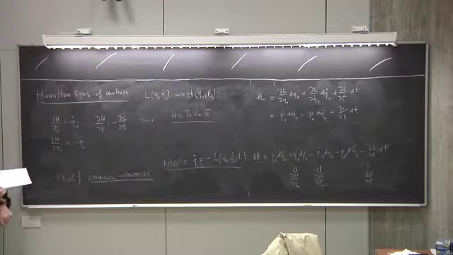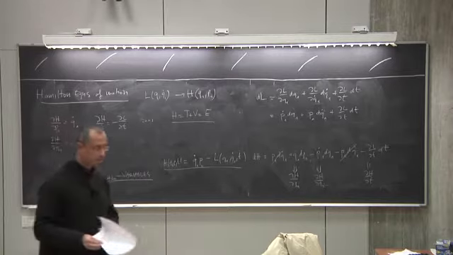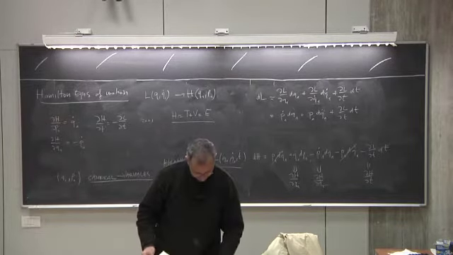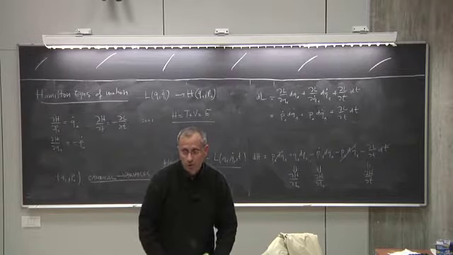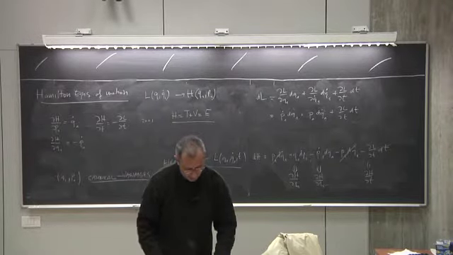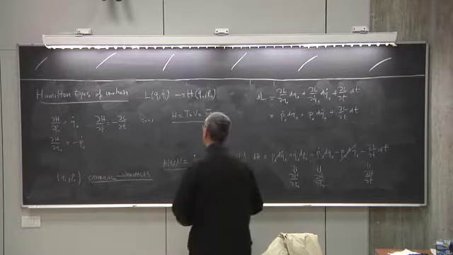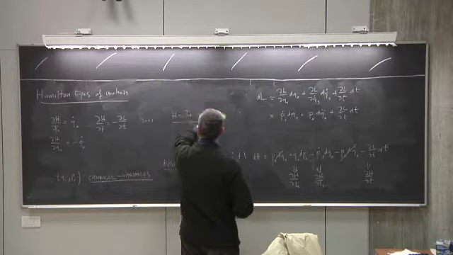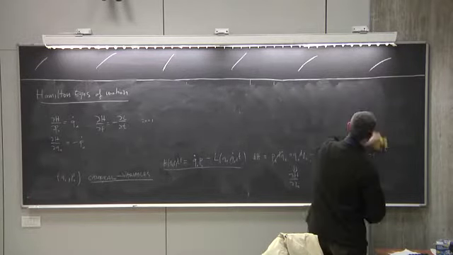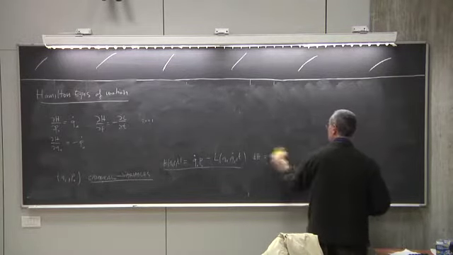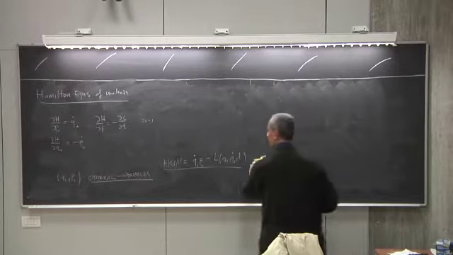Okay, so let's write some examples of Hamiltonians, unless there are any questions. Let's write some simple systems so you get the feeling for this new object that we call the Hamiltonian.